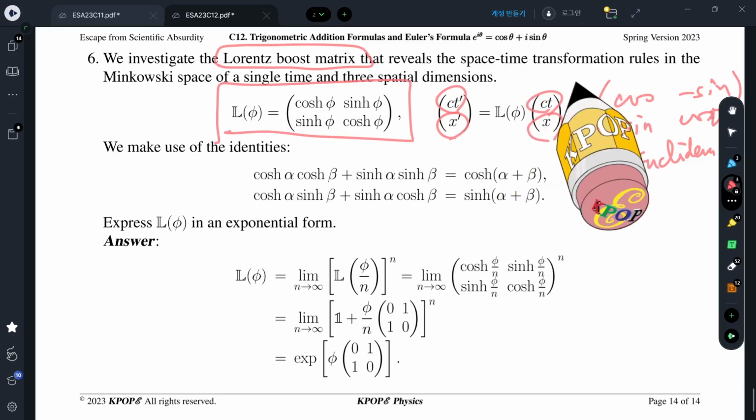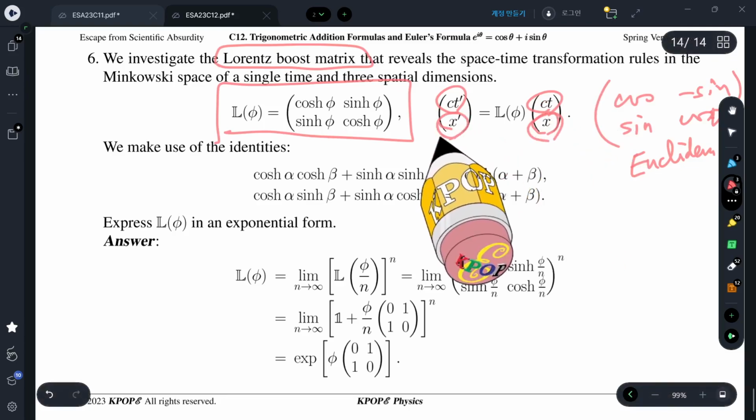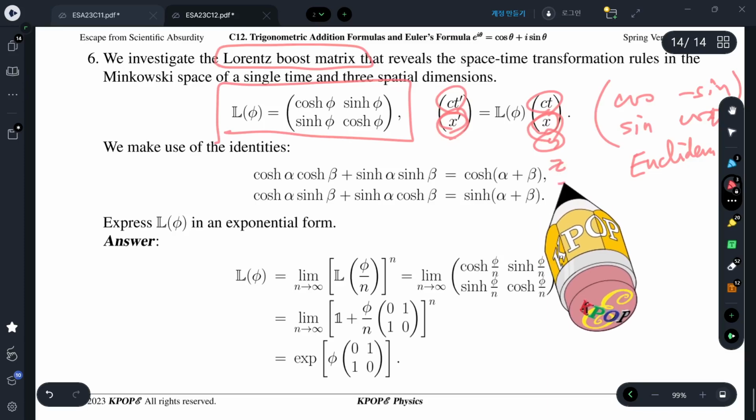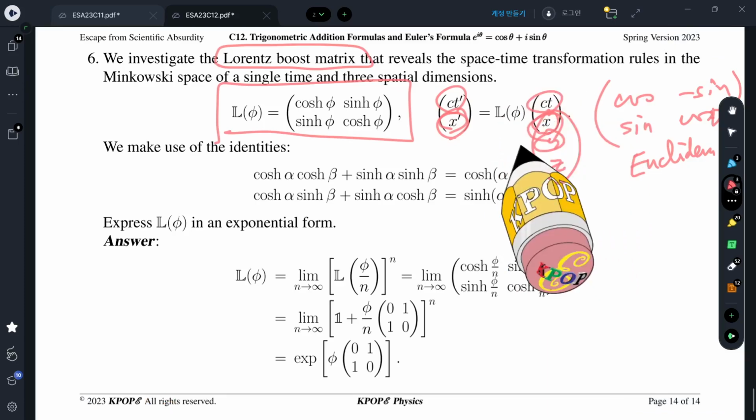So time and space construct this. We have chosen only a single direction, but actually we have x, y, and z. So we have a three-dimensional space and one-dimensional time.